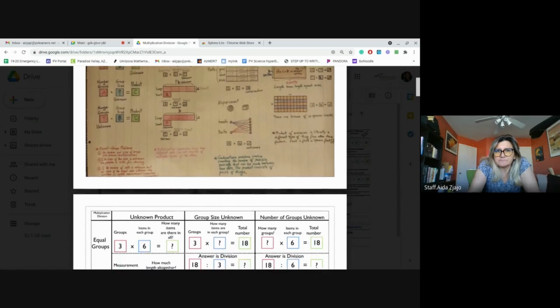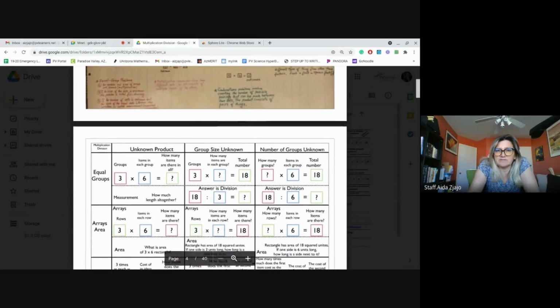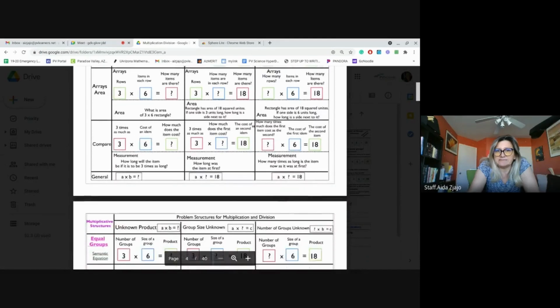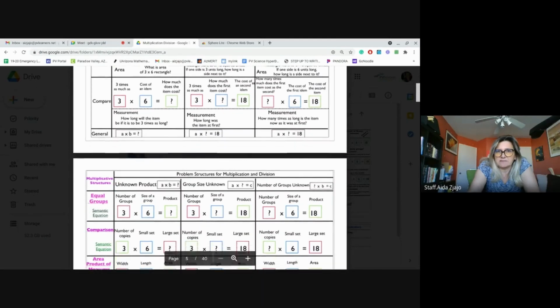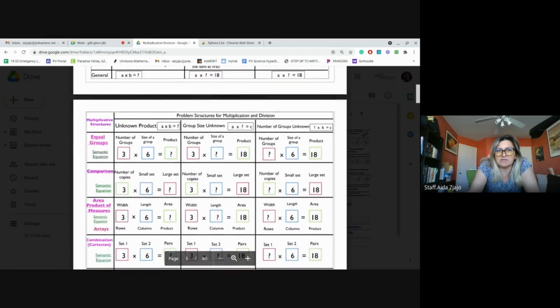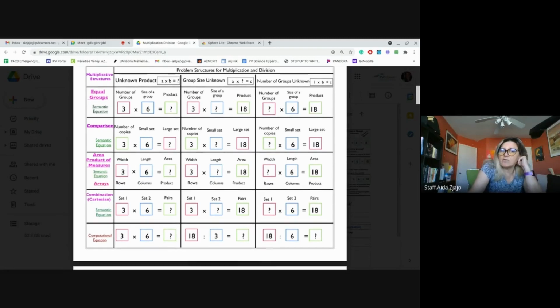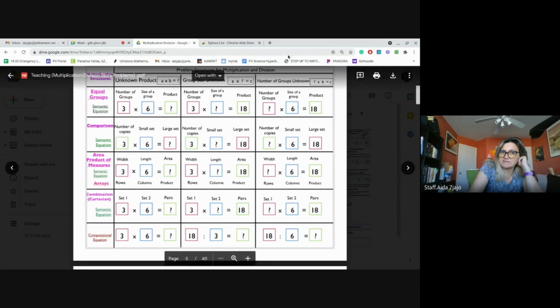I have made these schemes that you can use to better understand, or maybe for your students, they can verbally create different problems together with you. So if we look at this one, we can make sure that we understand there are four different ones, equal groups.